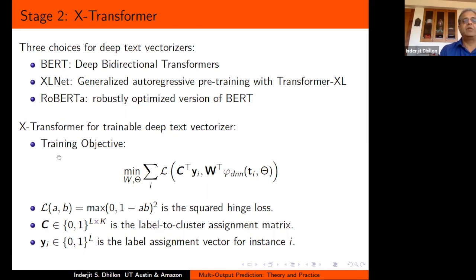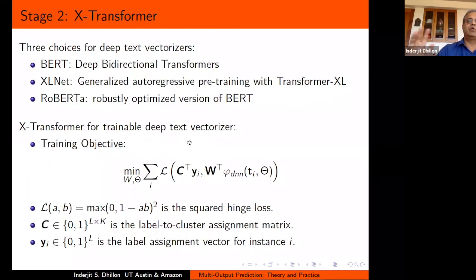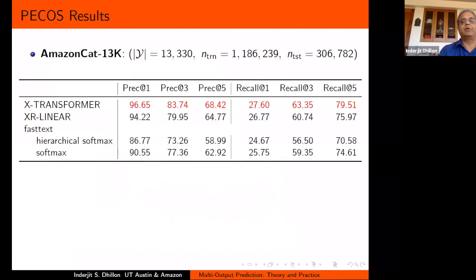And then when we do this training, C transpose y_i just captures that you have to do matching against the clusters, not for the individual labels. And then you can have this trainable coefficient matrix W, which is again D by K. D is the output dimensionality of BERT, and K is the number of clusters for which you are doing matching. And so the idea is that you can learn W for this extreme multi-label ranking problem.